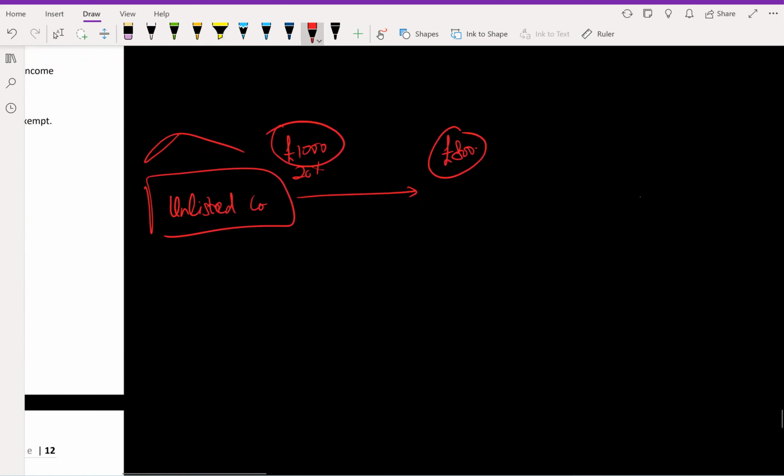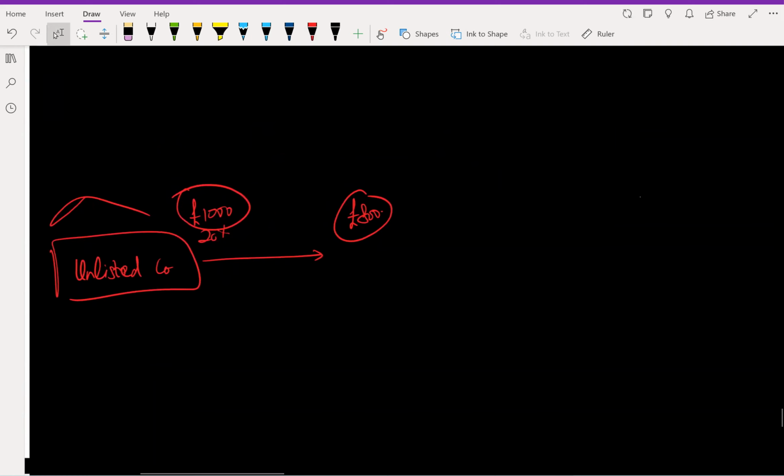You will calculate the normal tax, but then when you get your income tax liability, obviously by now we know everything about how to get an income tax liability, right? Whatever income tax liability you have, let's say you've got an income tax liability of £10,000, you will deduct a tax credit for withholding tax. That means any tax which has been paid at source already.